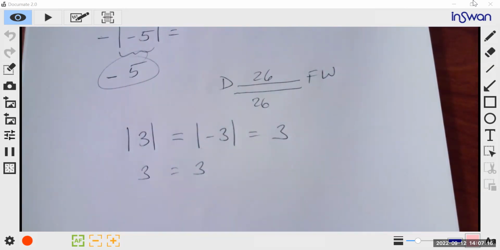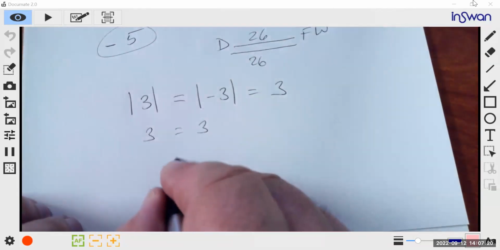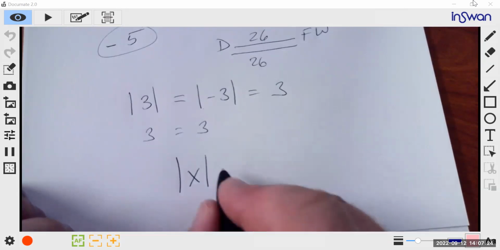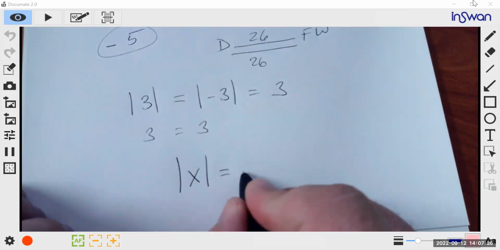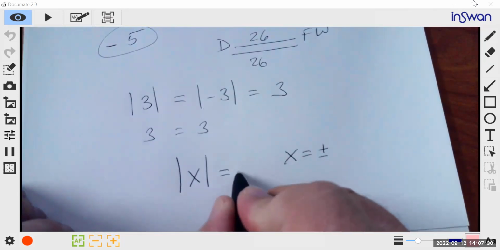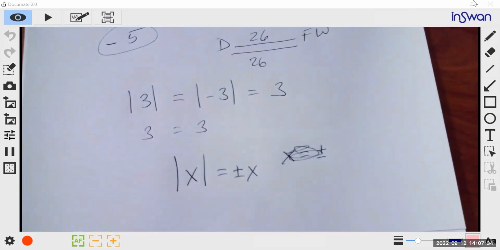So what that tells me is if I take the absolute value of any variable, that x can equal positive or negative. So it actually equals a positive or negative x. Whenever you drop the absolute values out of a number or a variable, it's plus or minus that number.